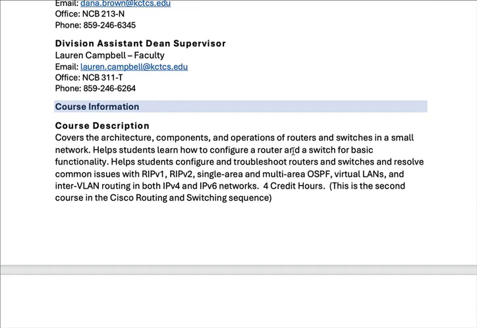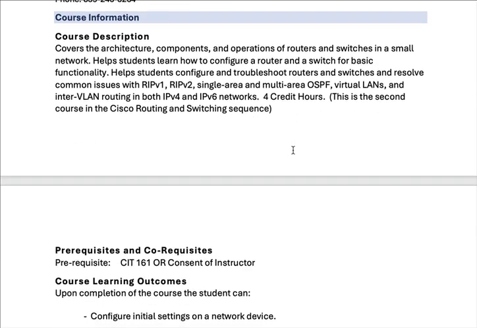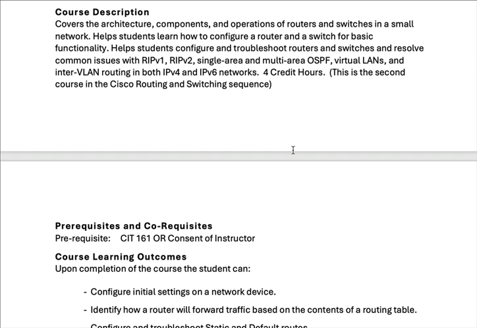Now, I'm not going to read the syllabus to you word by word, but you should go back and read this. What we have next is the official course description that appears in the KCTCS course catalog. The other thing to point out in this section is this is a 4-credit-hour course because there is a lab component along with the normal lecture component of the course.